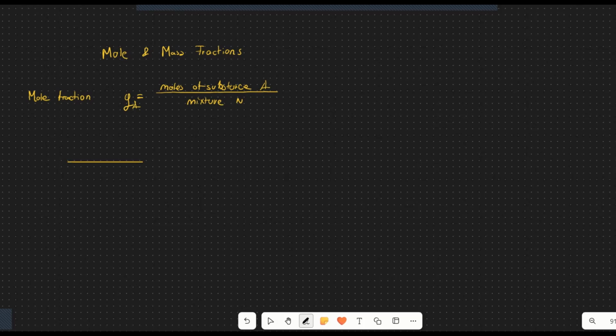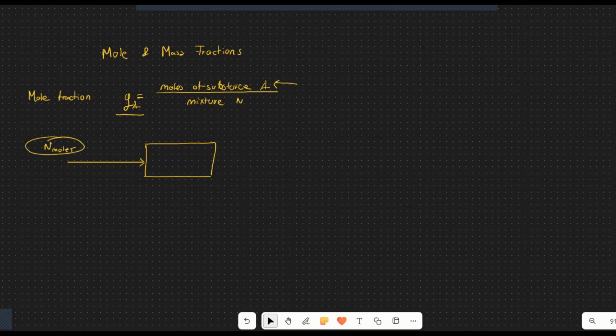For instance, if we have a stream flowing into a unit process, a stream with n moles, the molar fraction of A gives us how many of these moles correspond to the substance A.